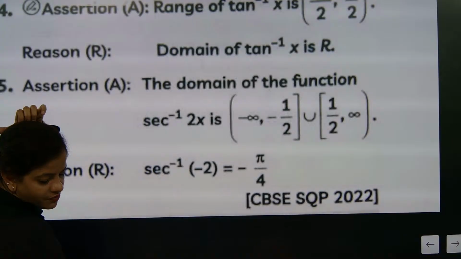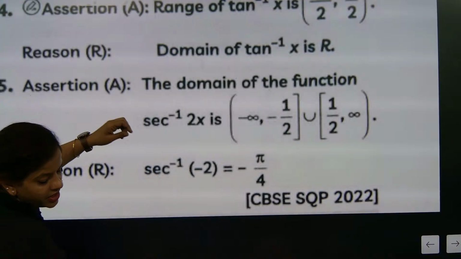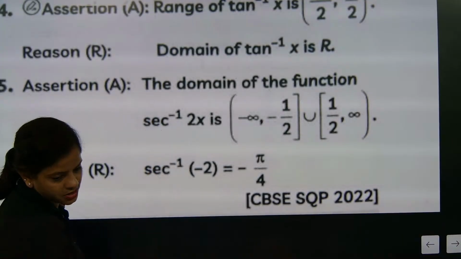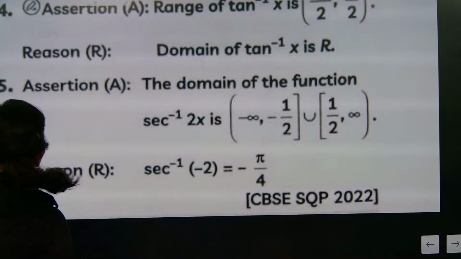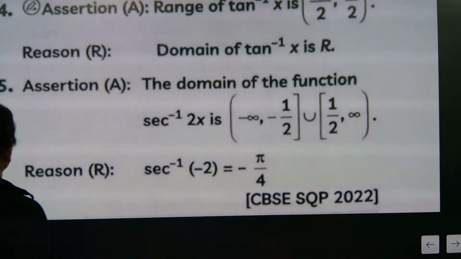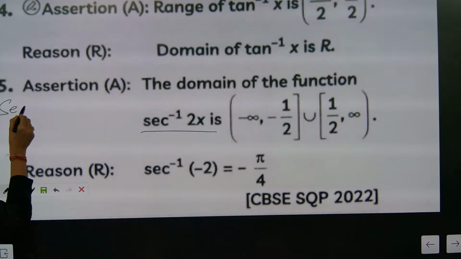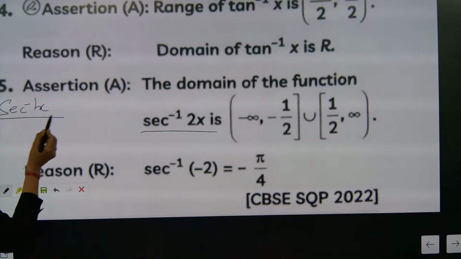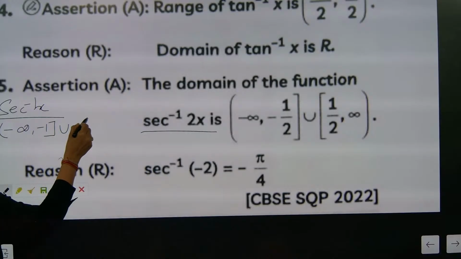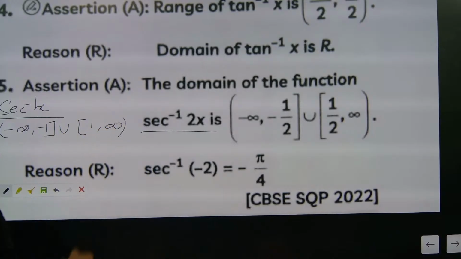But when it is secant inverse 2x, please understand this. One part I am writing will be very helpful. When you write secant inverse x, it will be minus infinity to minus 1 closed interval union 1 to infinity. This is your domain.